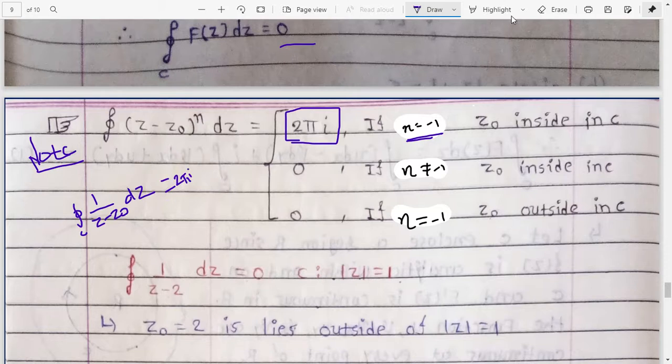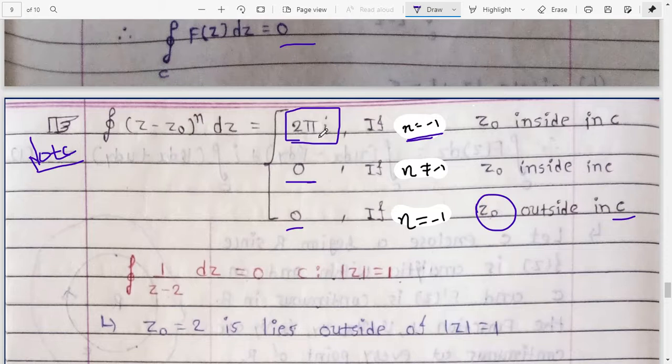Starting with the first example we proved this, where we took n is equal to minus 1. In the next example we took n not equal to minus 1 and proved it is 0 when z0 is inside C. And third case, if n is equal to minus 1 and z0 is outside C, then this is 0.